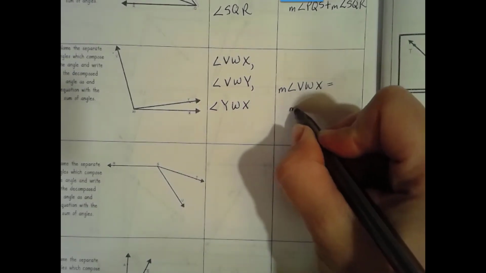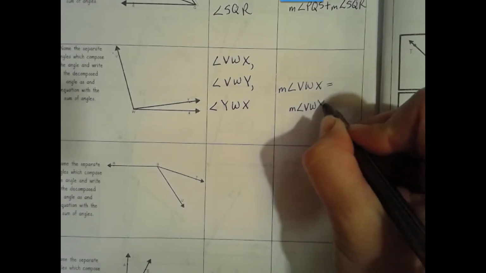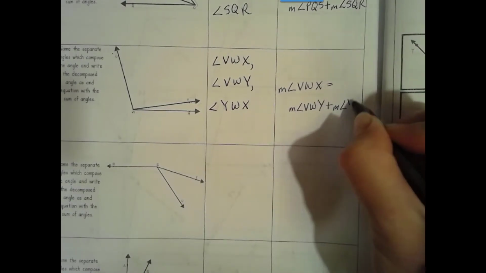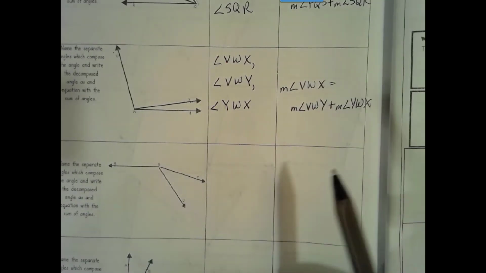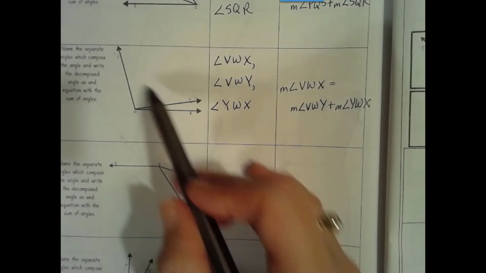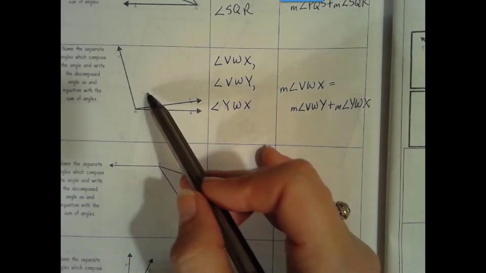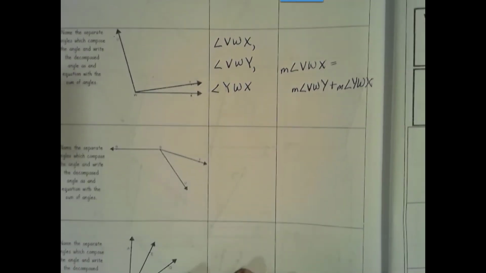So it equals the measure of angle VWY plus the measure of angle YWX. When we add these two smaller angles together, we get the larger one. So the larger one is equal to the sum of the two smaller angles is all this equation is telling us, or that number sentence.